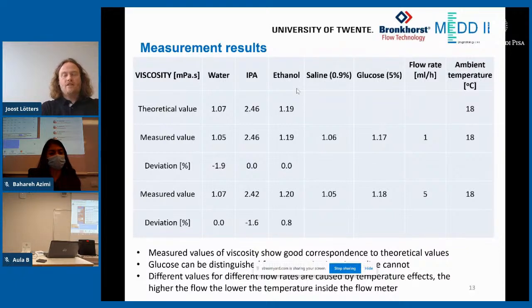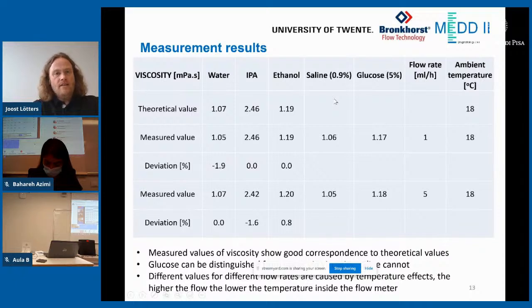And then it's nice that you can check your system if it really works nicely, because of all these values, all these liquids, you have also theoretical values available. So that's nice to tune your system, and then later on you can do measurements with saline and glucose, and of course with other liquids.